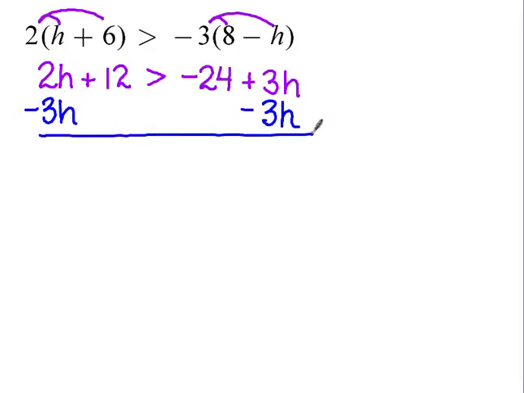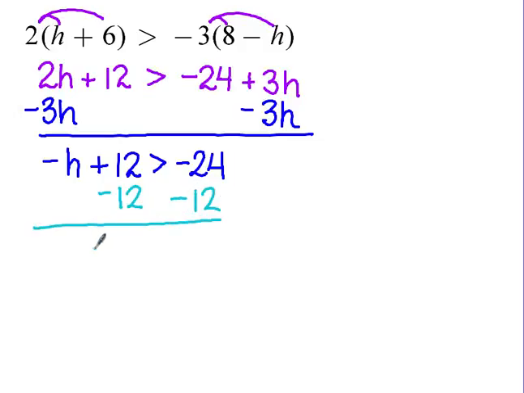On the left side, what are you left with? Negative 1h plus 12 is greater than negative 24. Yep, good call. So if you didn't catch that, Kayla said subtract 12.